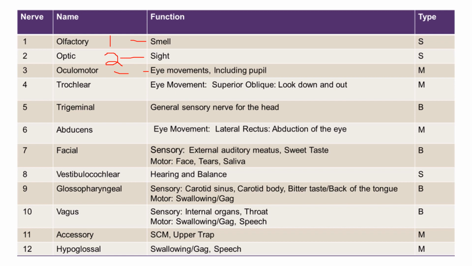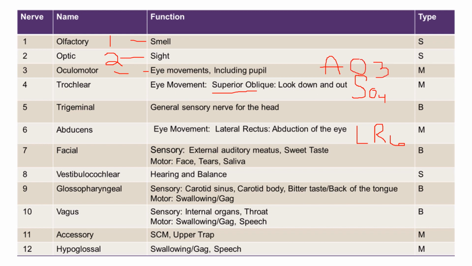And then you can go on down the list here. So 4 is trochlear. This is going to be for superior oblique. So we'll see this mnemonic: SO4, LR6, all others AO3.